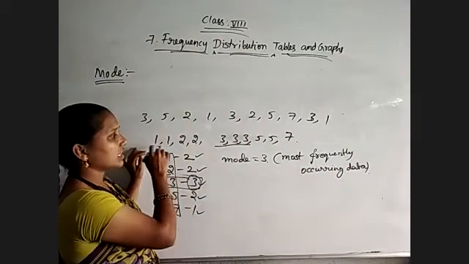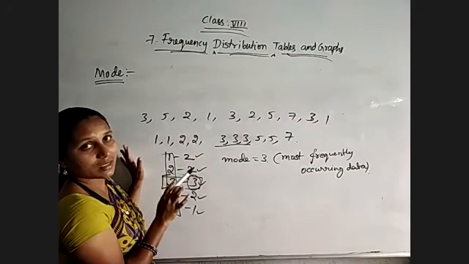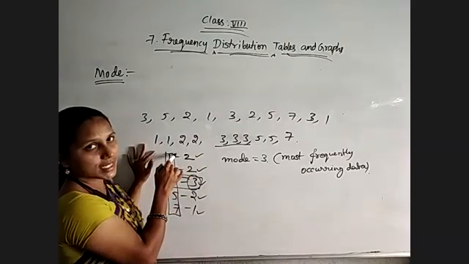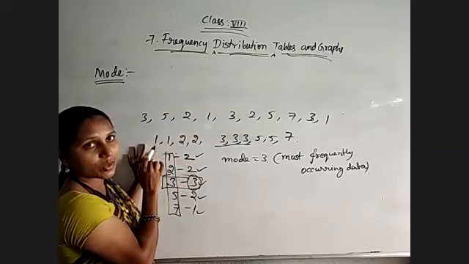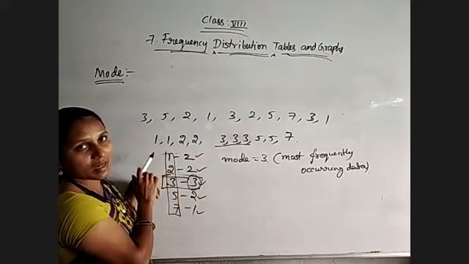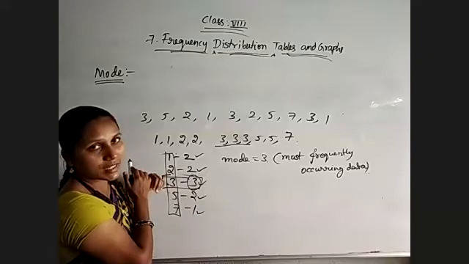And here we need not discuss the value of the data. The value of the observation, as well as the number of observations, is not needed to decide the mode. We only check which is coming more number of times and write that as the mode.